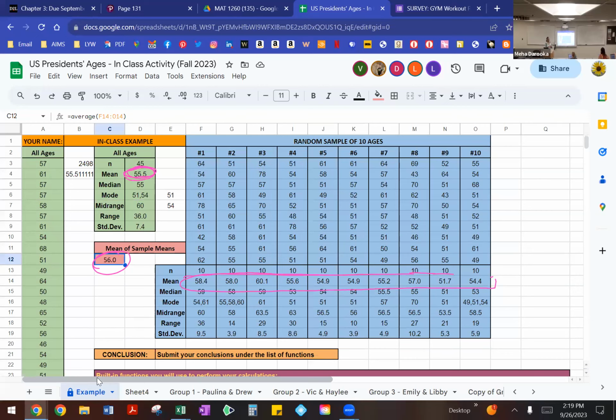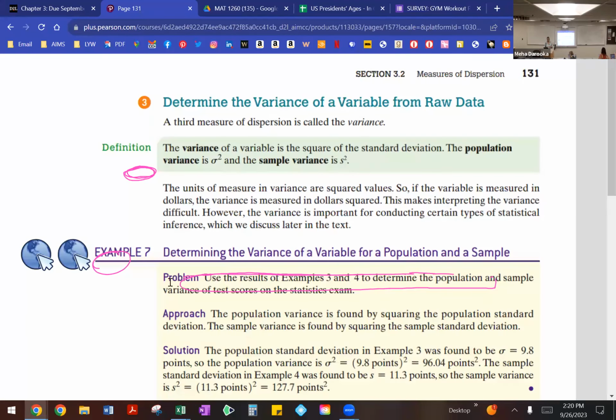Now, there will be some examples in your homework which will ask you to do by using the formula. But for the most part, where they just ask you to find your calculations, you can use Excel or Google Sheets to do. Okay? All right, guys, let's get back to our textbook here. Let's clear this one.